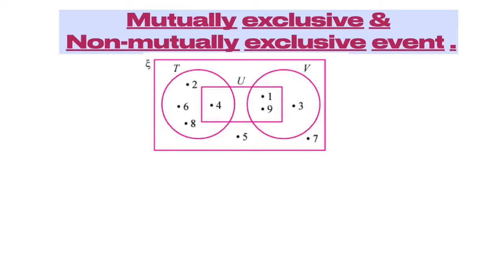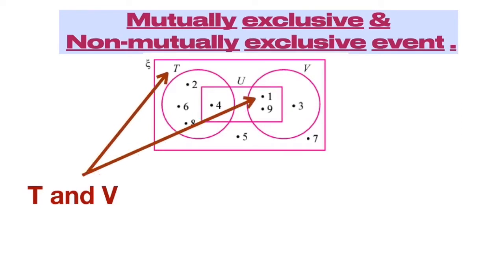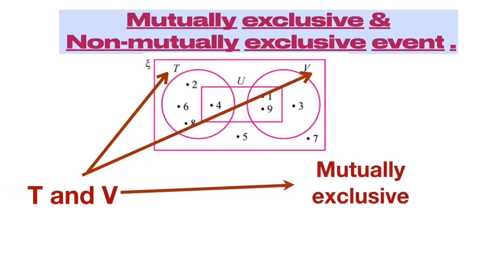Okay, let's see this one. So T and V are said to be mutually exclusive because they do not intersect. Okay, they do not overlap. They don't have a common element. Common means same.